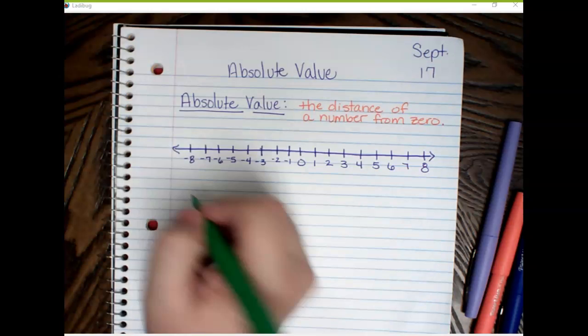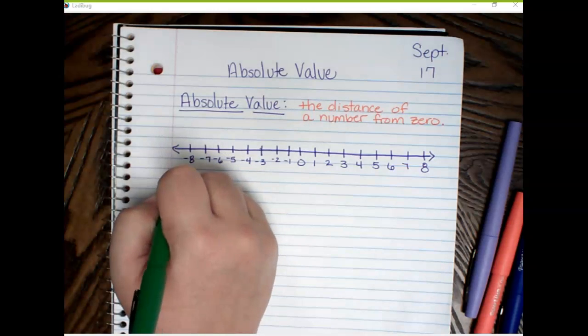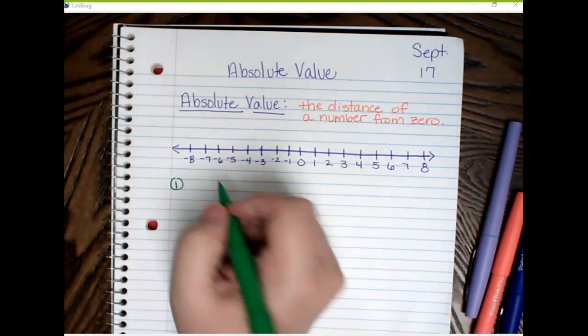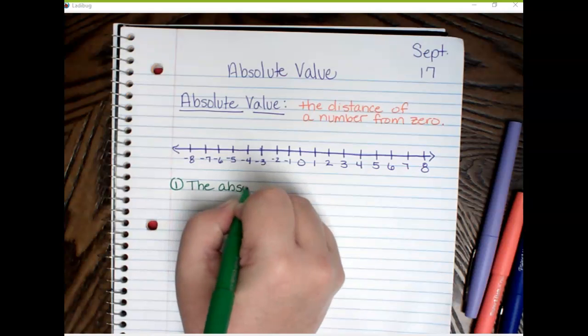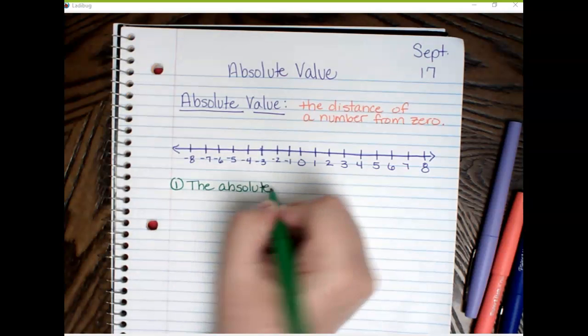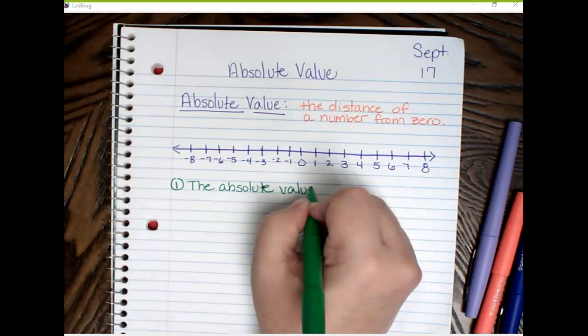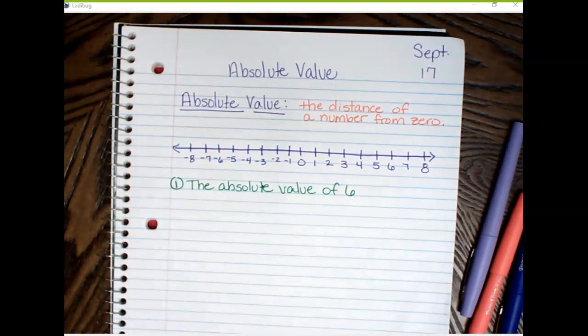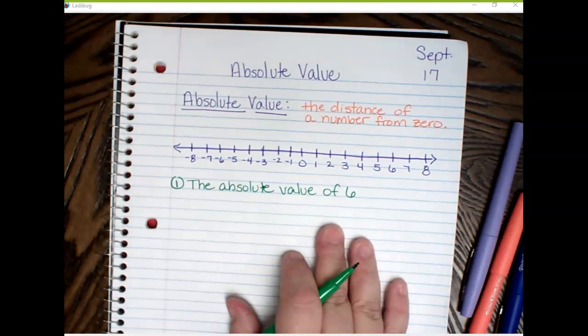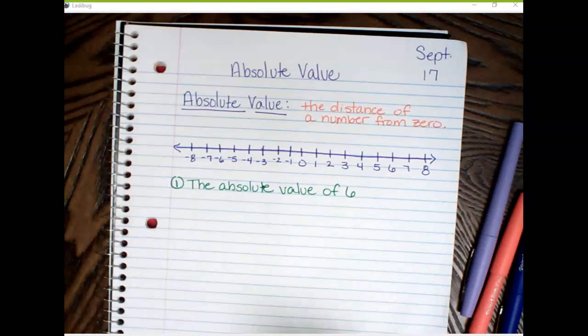Okay, so the first example. Example number 1. I want the absolute value of 6. Now that was a lot to write out, isn't it? I don't want to write that sentence every time, do I?